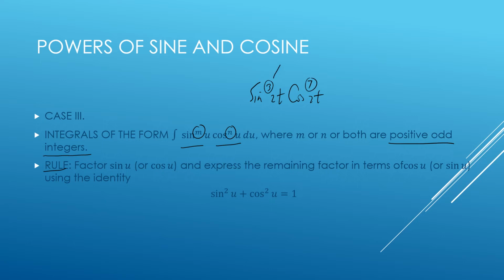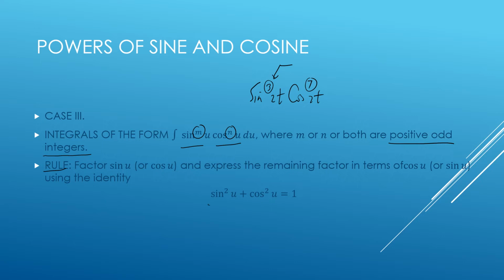It is advisable to apply the rule to sine cubed 2t. You can apply the rule to cosine raised to 7, but it will take longer computations to arrive at an answer. Whereas if we apply the rule to sine cubed, 3 being the smaller between 3 and 7, we'll be able to determine the integral in a much shorter way.